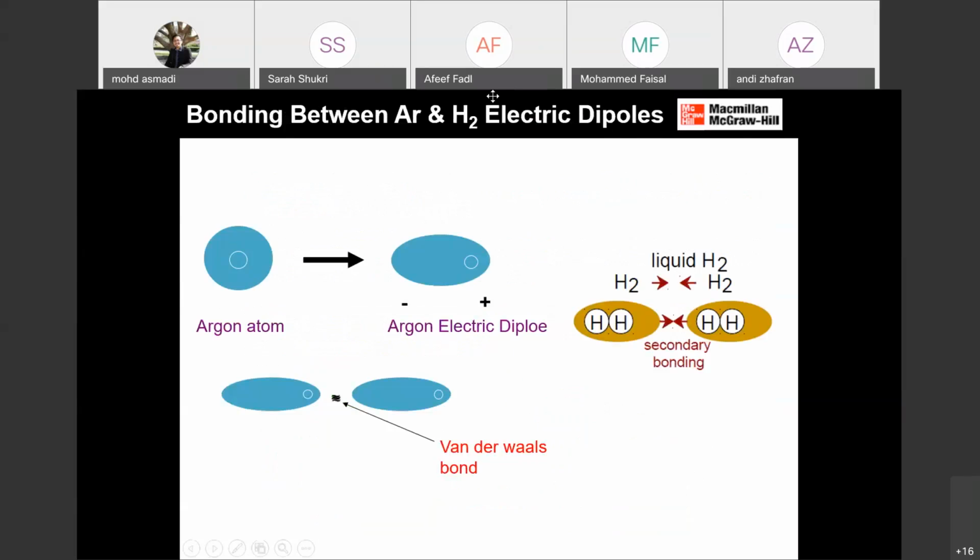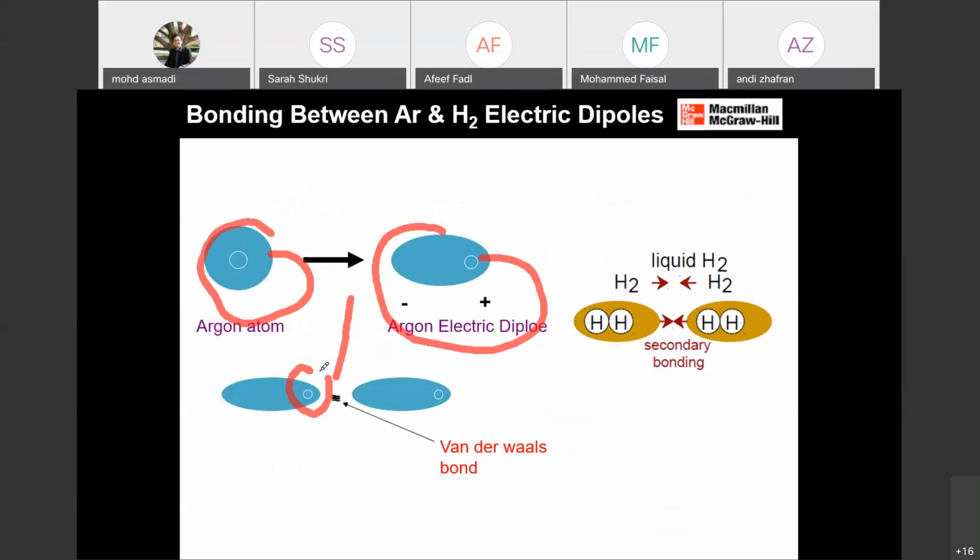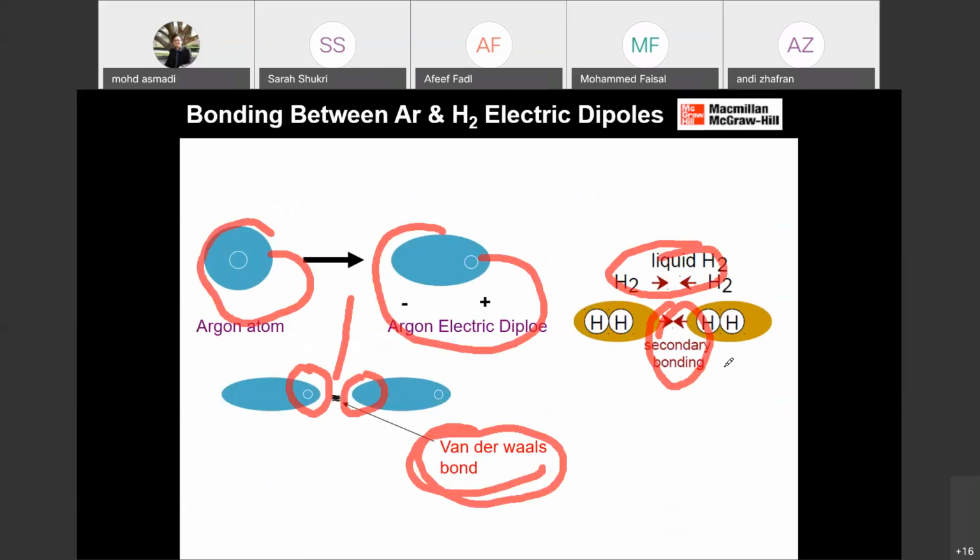This is the example. This one is argon and argon. This one is positive and this one negative, so they can form van der Waals bonds. Another example is when you liquefy the hydrogen. They can form secondary bonding, fluctuating dipole, between hydrogen gas and hydrogen gas.